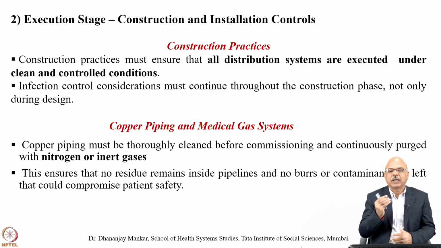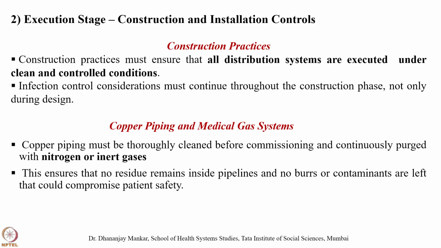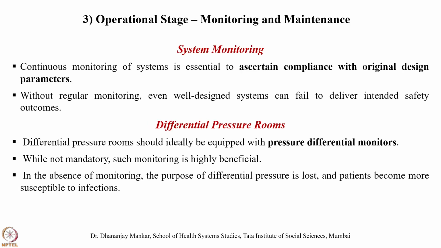Copper piping and medical gas systems must be thoroughly cleaned before commissioning and continuously purged with nitrogen or inert gases. Why should it be so? It should ensure that no residue remains inside the pipelines and no burrs or contaminants are left that could compromise patient safety, which becomes very difficult to tackle at a later stage.